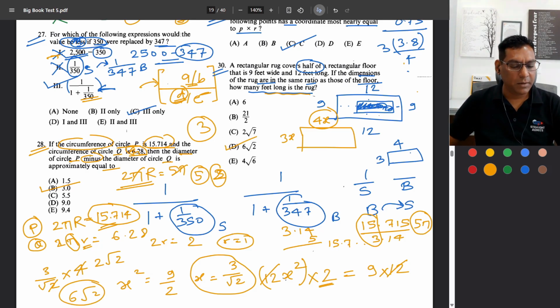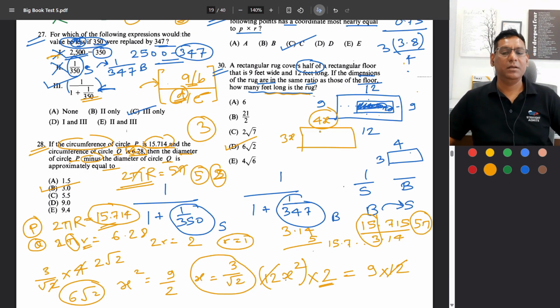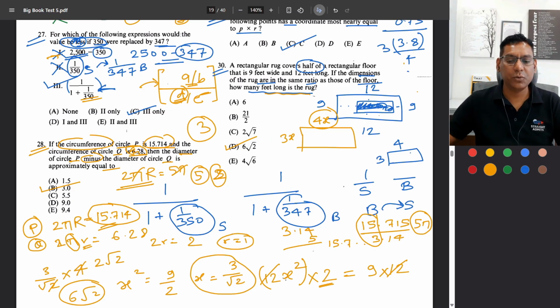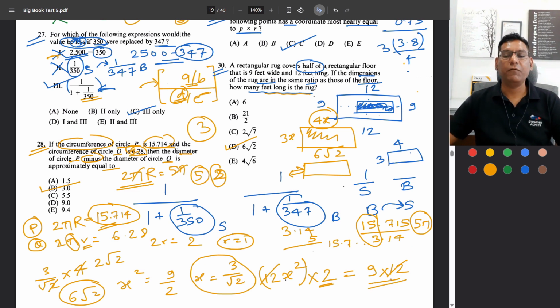The calculation is a little tricky because of the root 2 and everything, but 6 root 2 is the only answer. What you could also do is verify that if 6 root 2 is the length, what would be the width, what would be the area of the rug then, and verify that the area of the rug is half of the rectangle. You can do it for your own clarity, but the answer is going to be 6 root 2.